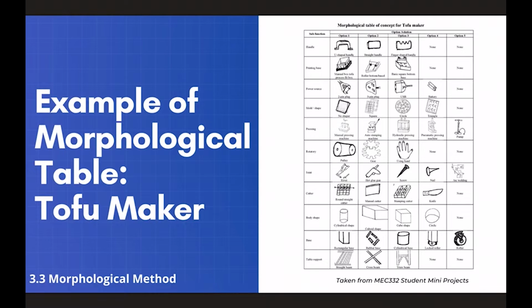So let us see some examples related to the morphological table. This is the example of a morphological table for a tofu maker. As you can see, this is the layout of the morphological table. On the left column, there is a list of sub-functions.